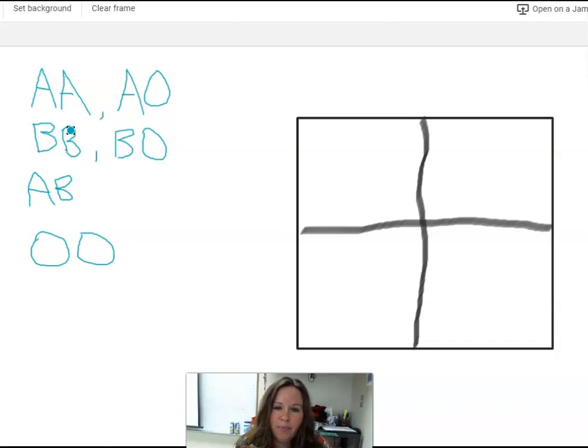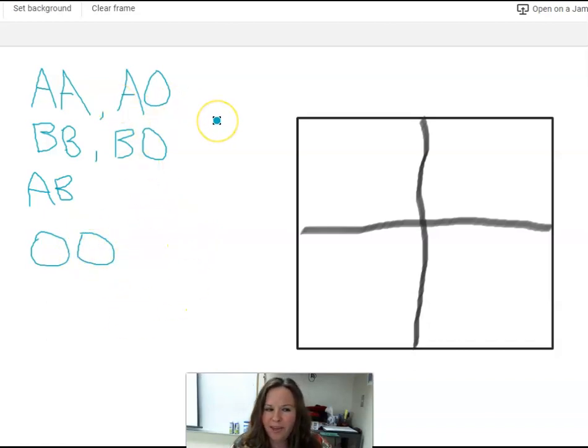Then you are AB, meaning you make both of those antigens on your red blood cell surfaces. O, as I said before, is completely recessive to the A and B. So the only way you're going to have type O blood is to get O from both mom and dad. That's me. I got an O from mom and an O from dad. So I am homozygous recessive for my type O blood.